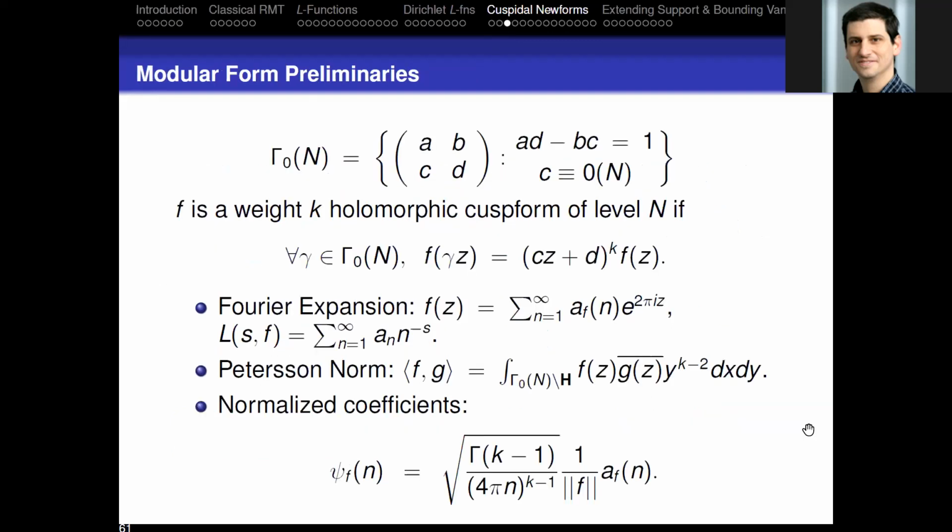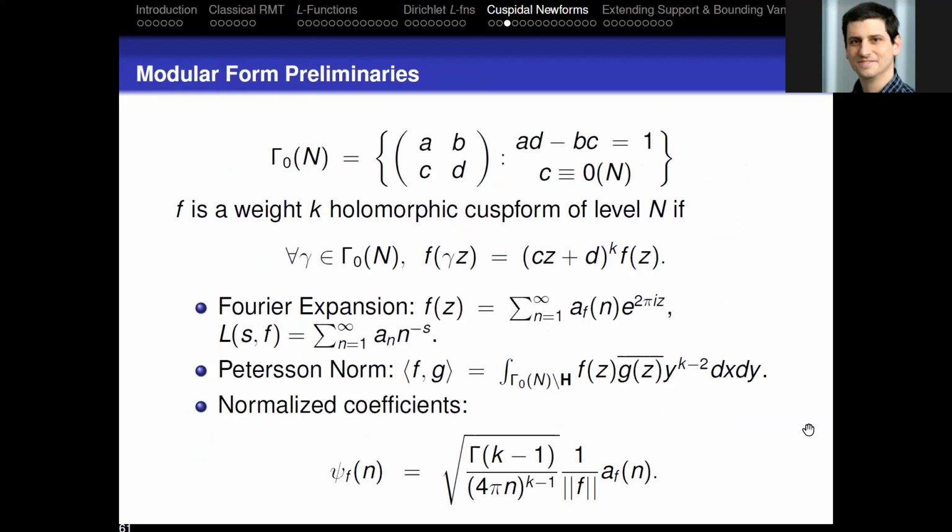Next slide. This is just a quick review of what is a cuspidal newform. We have some congruence group, A, B, C, D with C congruent to 0 mod N. We have forms that transform nicely under these groups. They have a Fourier expansion. We have a Petersson norm that talks about the size of f dot g.